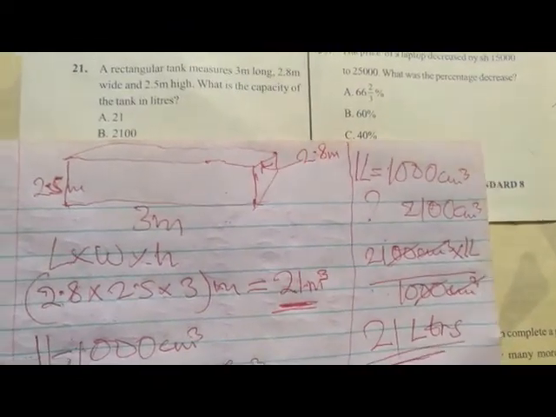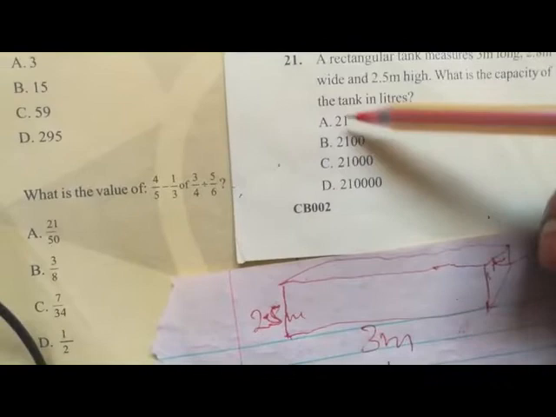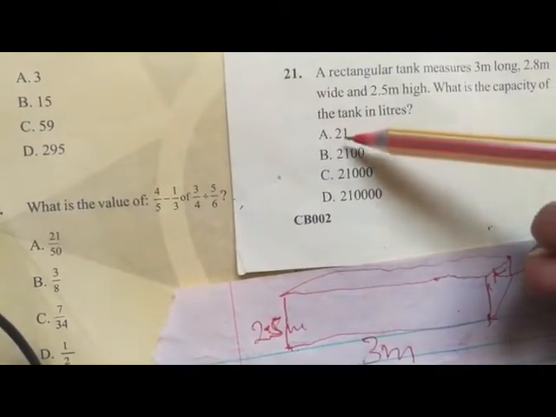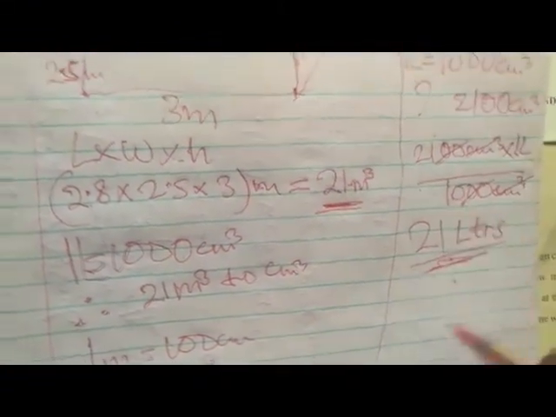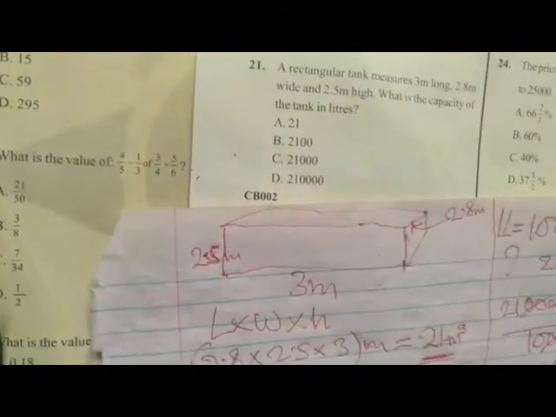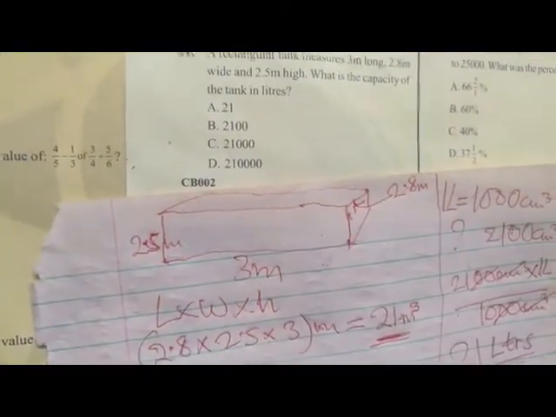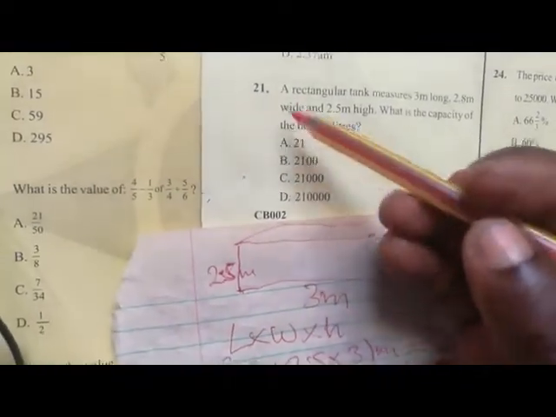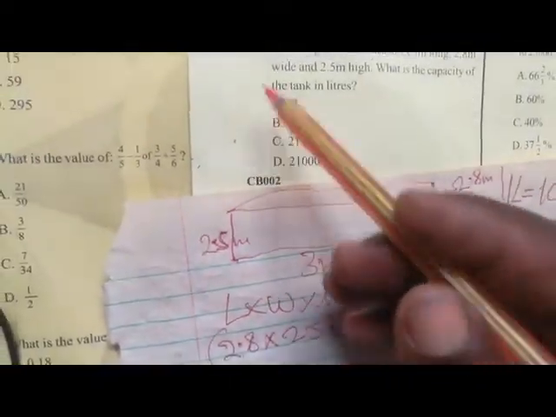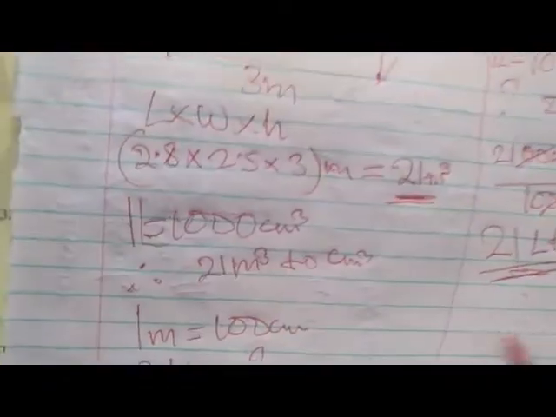21 is in liters. Let us see if we have such an answer. 21 liters, question number 21. 21 liters is in option A. But according to the question, the answer should be 2.1. But because we have not been given such an answer, we are going to consider option A to be the answer.